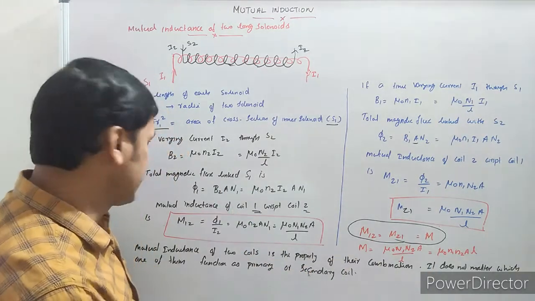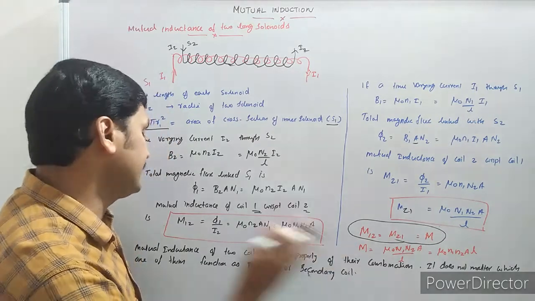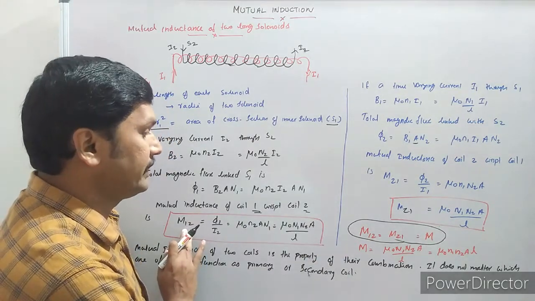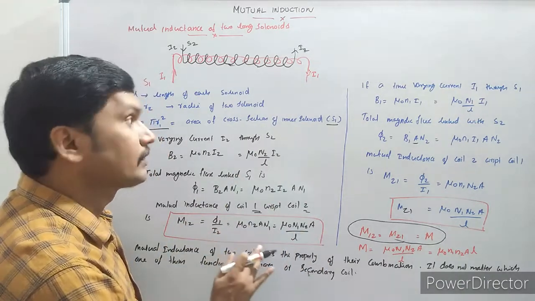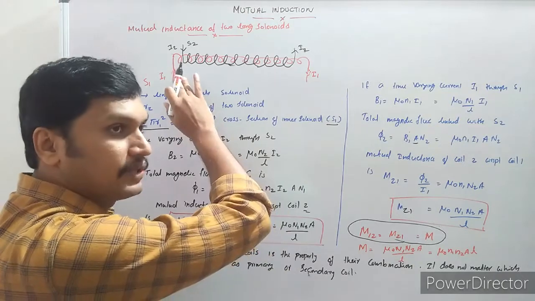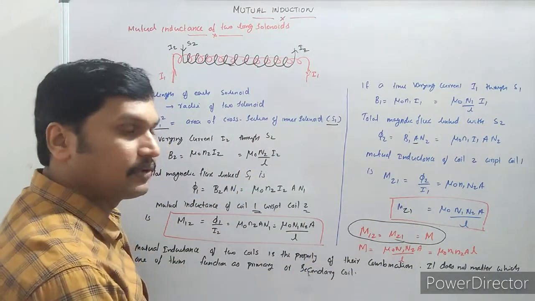It does not matter which one of them functions as the primary or secondary coil. Whether we pass the current through the primary or the secondary coil, the mutual inductance is the same. The mutual inductance between the primary coil and secondary coil is the same when we are passing the current through S1 or S2. M12 is equal to M21 is equal to M.